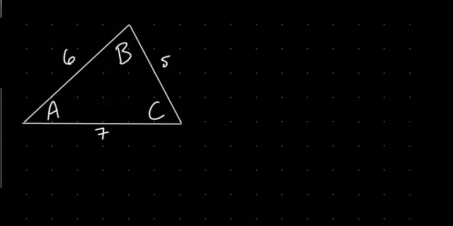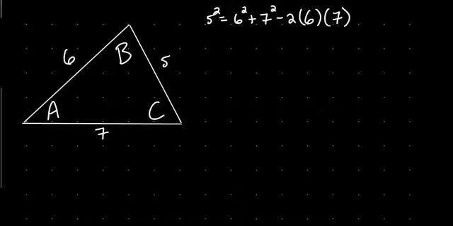So what we would get is 5 squared equals 6 squared plus 7 squared minus 2 times 6 times 7 times the cosine of the angle opposite of 5.